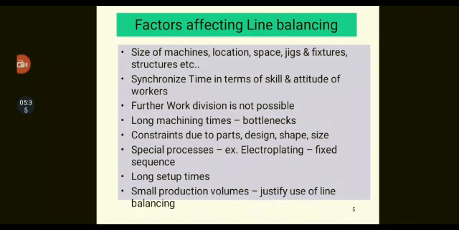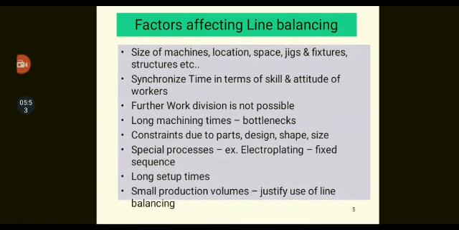Next, synchronization time in terms of skill and attitude of workers. Next, further work division is not possible.